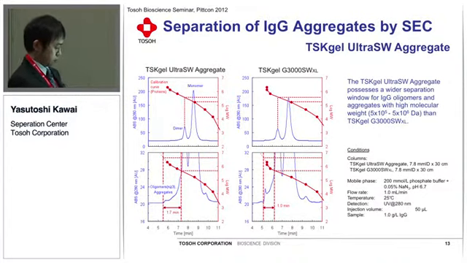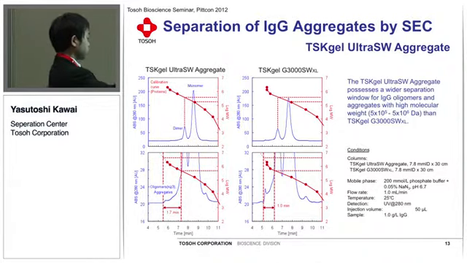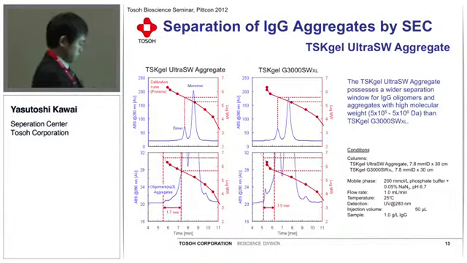Here, the figure on the left side illustrates the separation of antibody, including monomer and dimer, by UltraSW Aggregate, and the right side is by G3000 SWXL, a conventional column. The lower figure is a magnified view of the chromatogram shown in the upper figure.